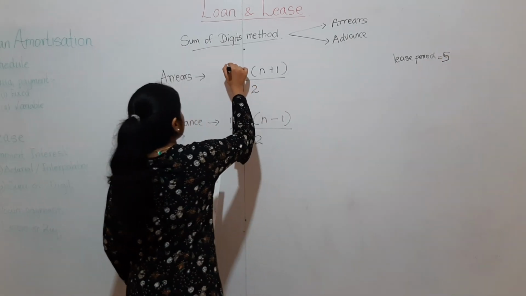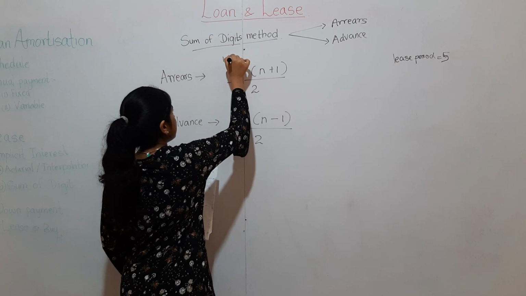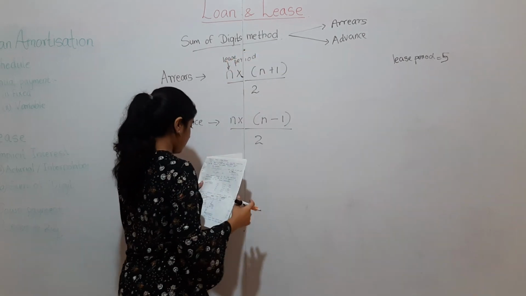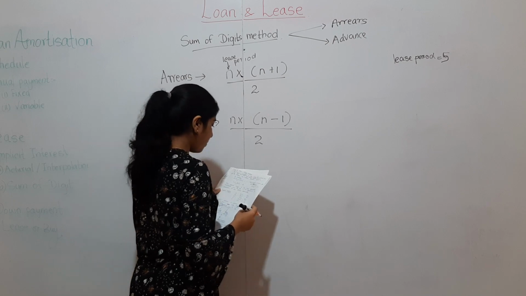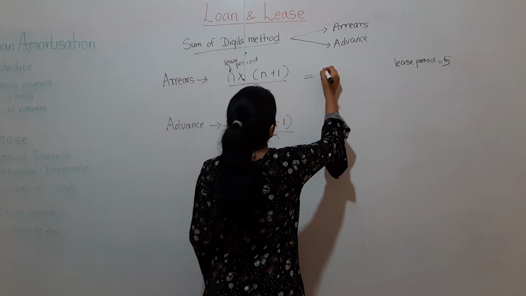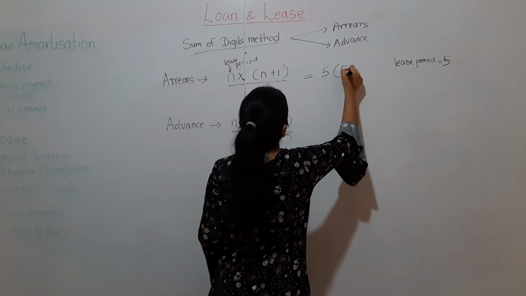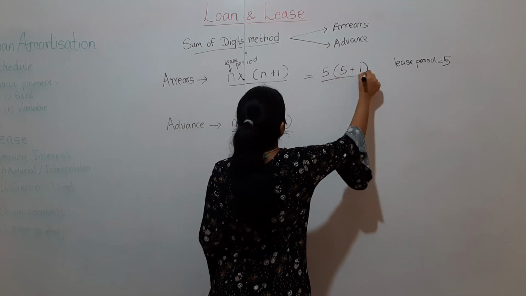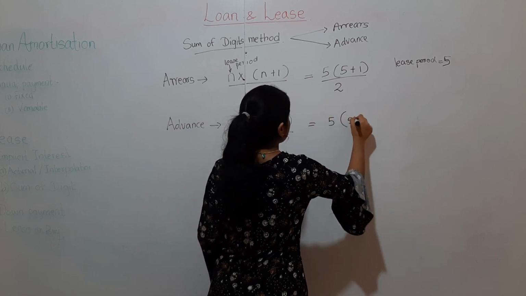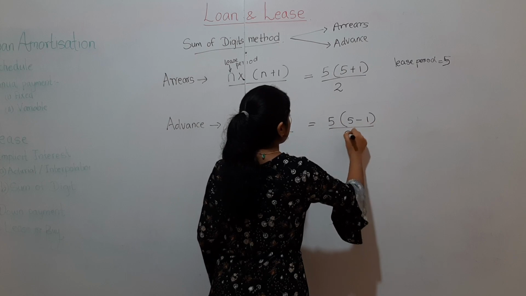N represents the lease period. So what you need to do is 5 multiplied by 5 plus 1 divided by 2. Here it will be 5 minus 1 divided by 2.